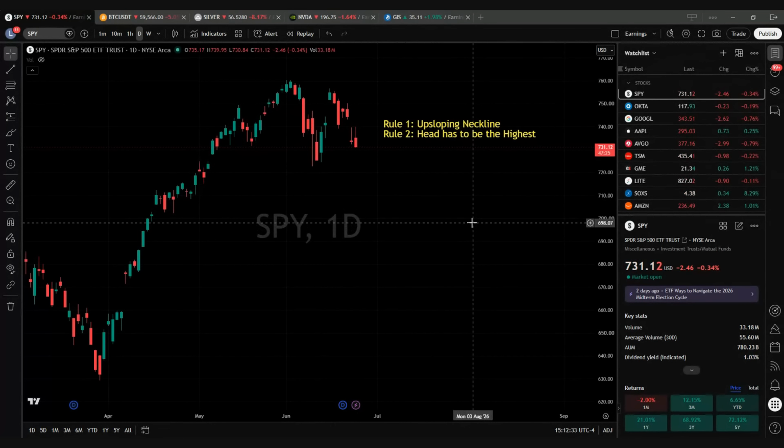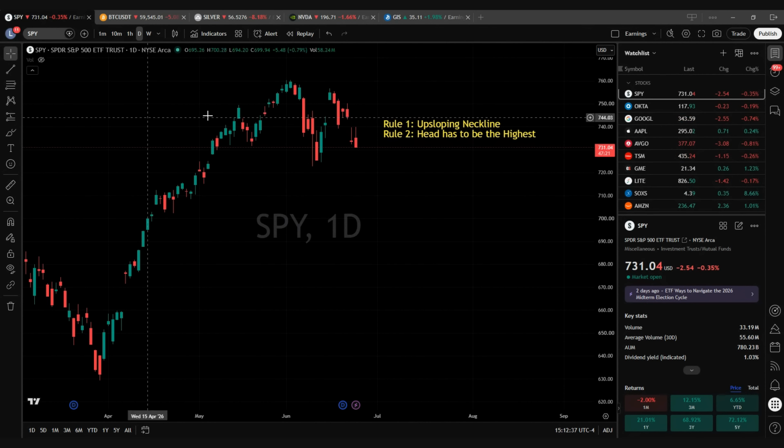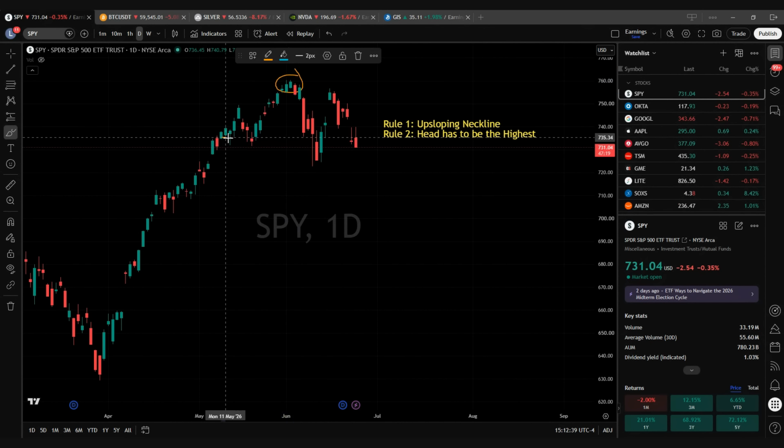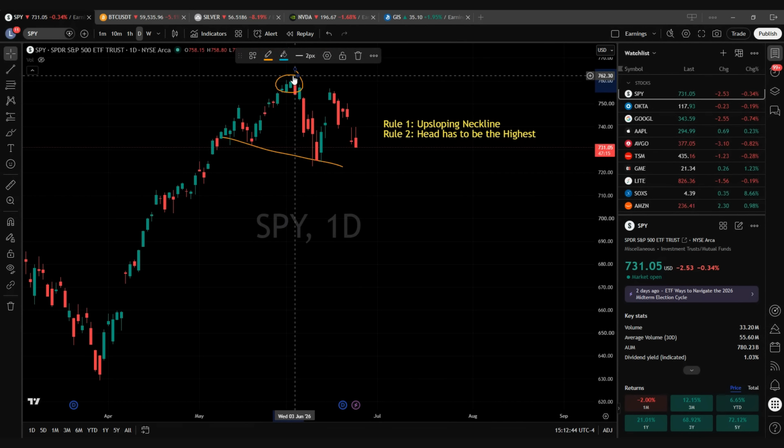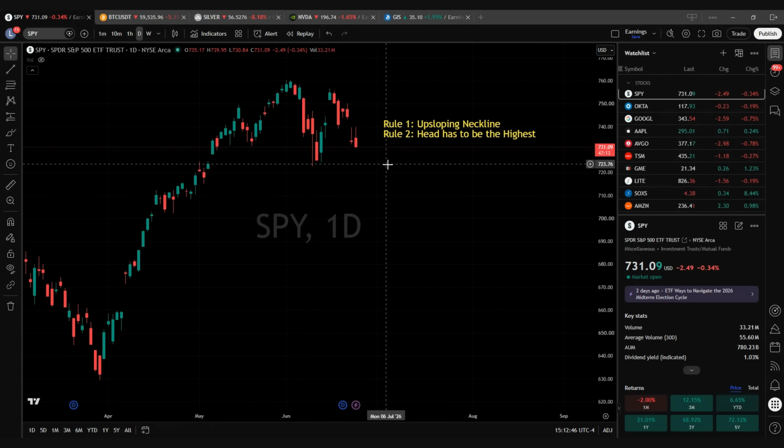There are, of course, exceptions, but for the sake of this pattern, the shoulders can never be higher than the head. So that brings us to rule 2: the head has to be the highest point, like this is. So this is not valid because it's a downsloping trend line, but the head is the highest point, right?